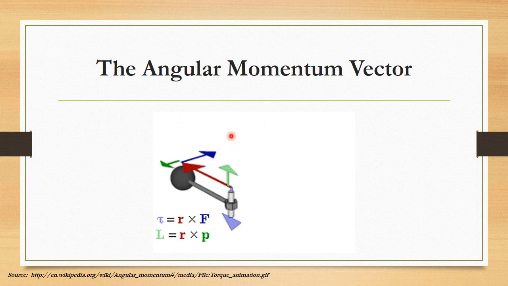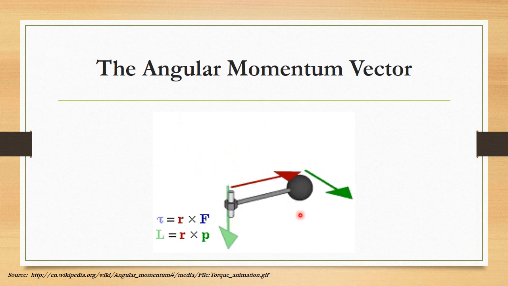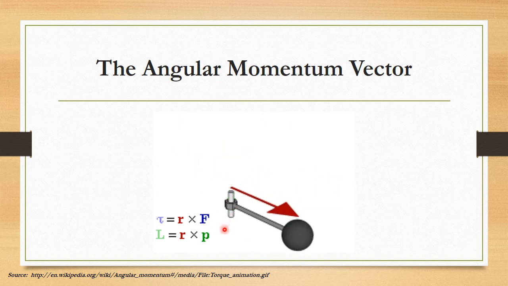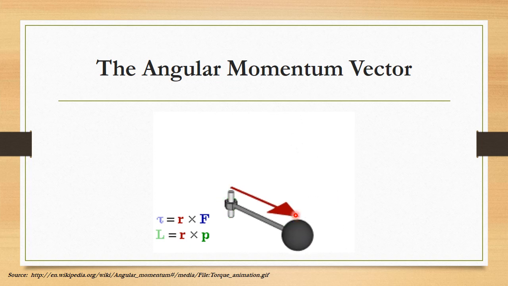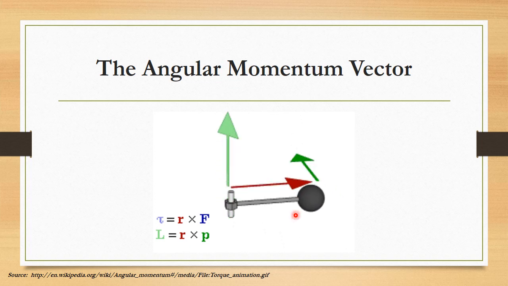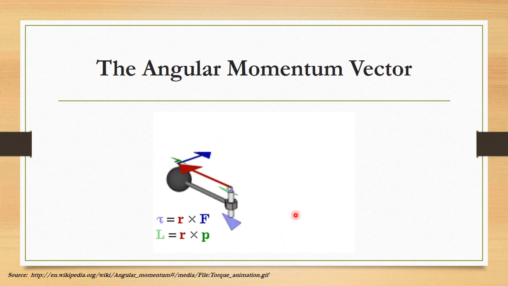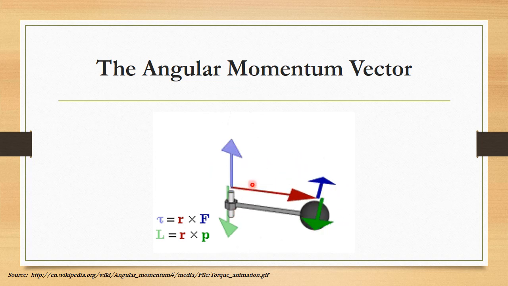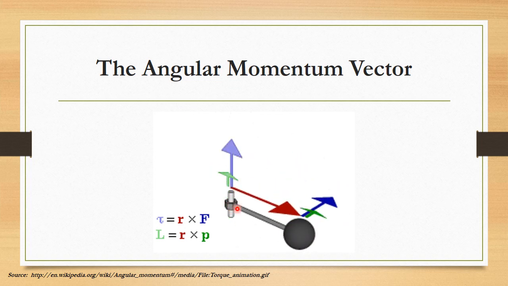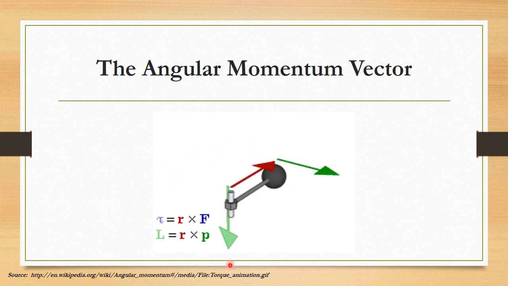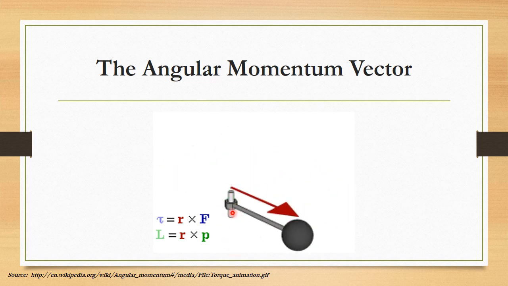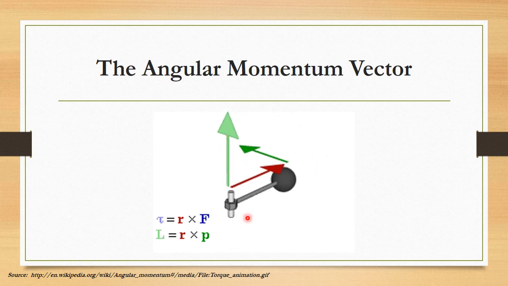So now it's up, and then it's going to rotate the other direction, and the angular momentum is down, and back to up, and so on and so forth. Now, it doesn't show it on this GIF, but we could also draw a vector that shows the angular velocity omega. And what direction would it point? Always in the same direction as this weird-looking green vector. So now it would be down, and then when it rotates the other way, it would be up, and so on.